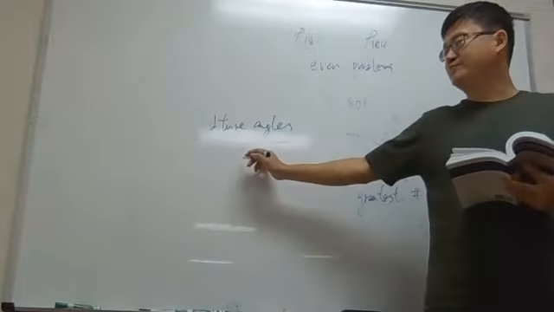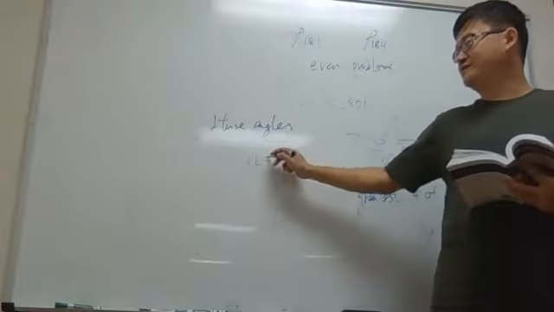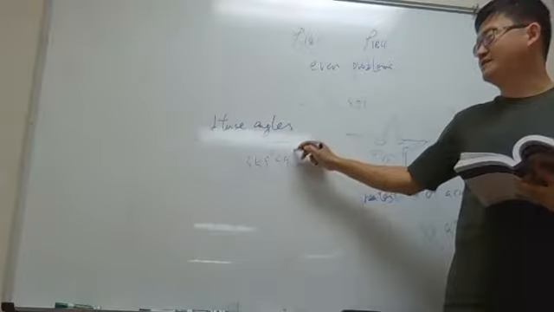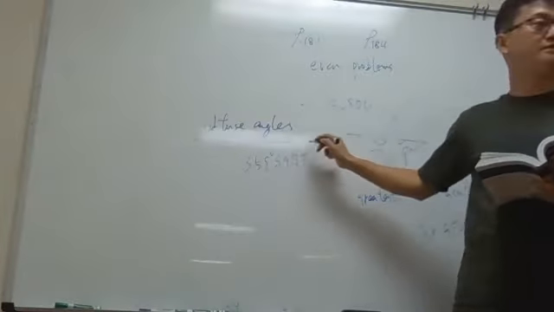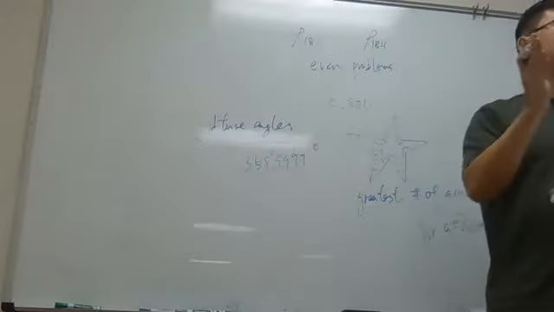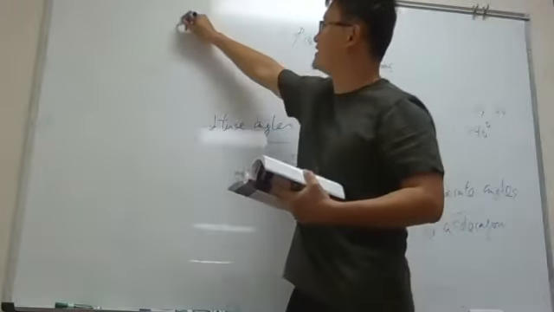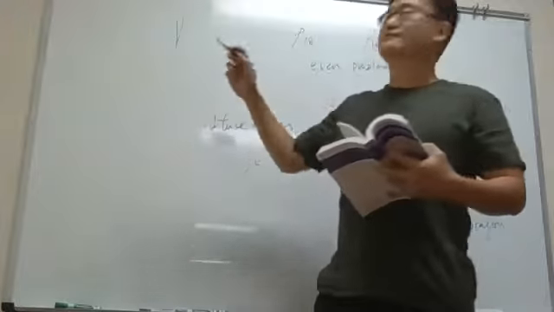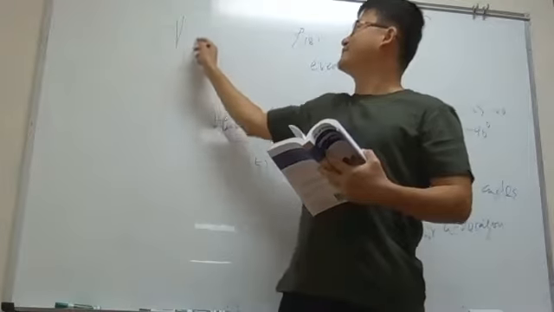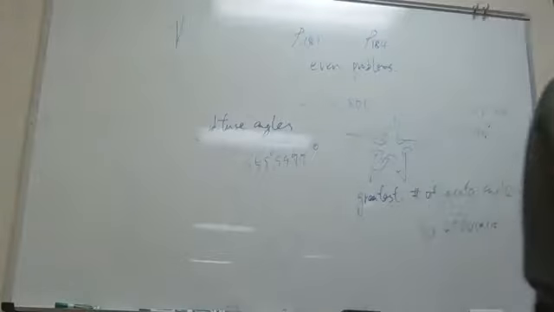So it could be as big as like maybe 359.9999 degrees, etc. As long as it does not hit 360, right? If it's 360, then it's just a line, it's not an angle anymore. I just go back to itself, right? So what I mean is you could have an angle, something like this, right? So this is a very big angle, very close to 360, right?